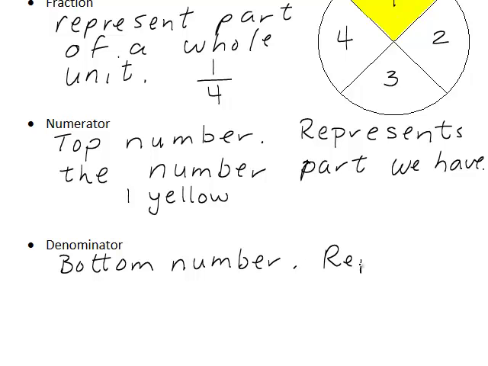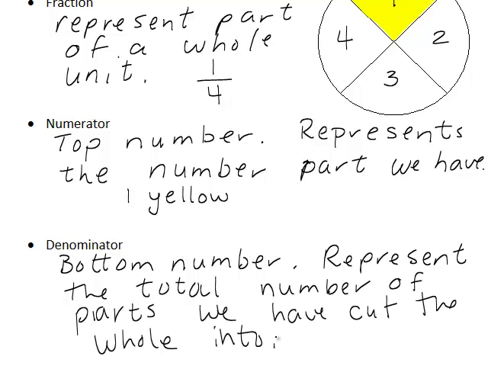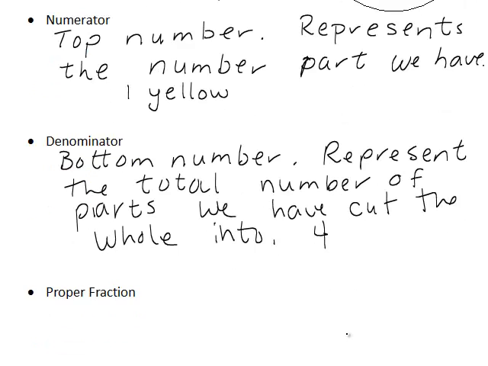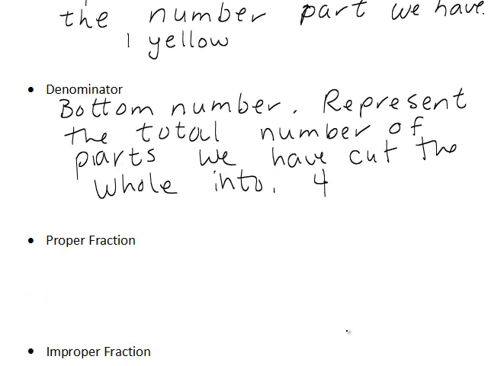It represents the total number of pieces we've cut the whole into. So in this case, we cut the whole circle into 4 pieces. So the whole, there's 4 pieces. Of those 4, only one of the 4 is yellow. So 1/4 of my circle was yellow.